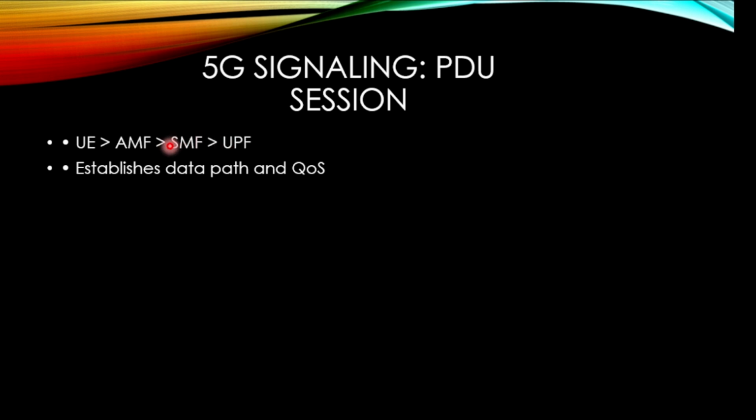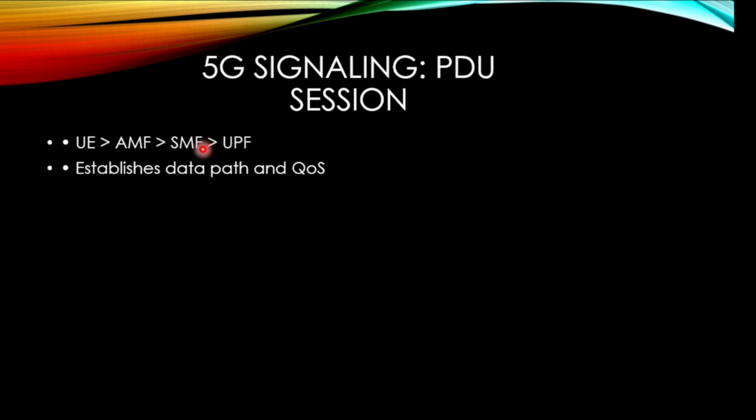The SMF will send the data session to the UPF, and the UPF will enforce the policy generated based on the PCF, by the way. It will enforce the policy, meaning limiting the data bandwidth and controlling the flow for the user equipment. So it's not the SMF.